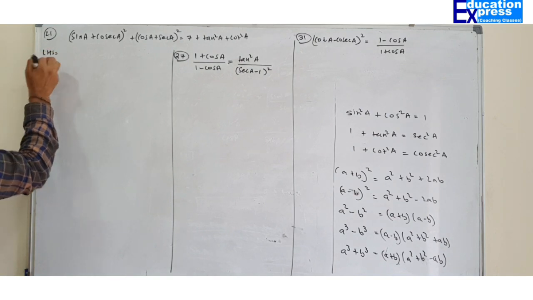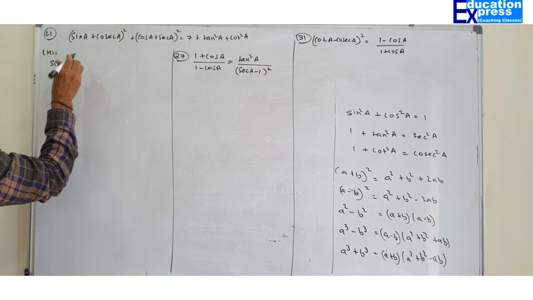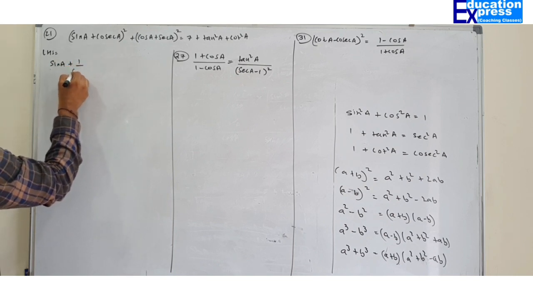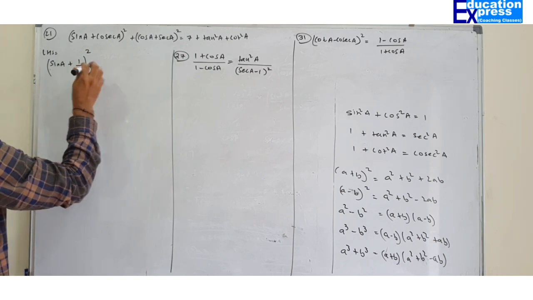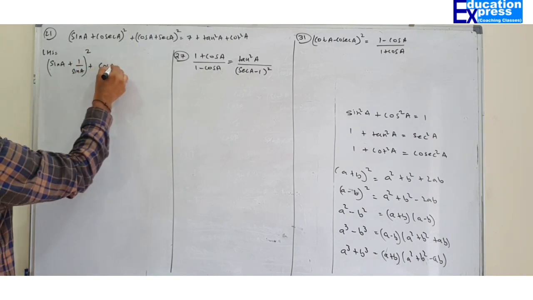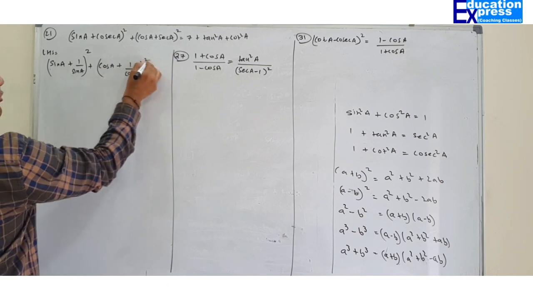Again, start with LHS. Sin A plus cosec A can be written as 1 upon sin A, the whole square. Same way, cos A plus 1 upon cos A, the whole square.